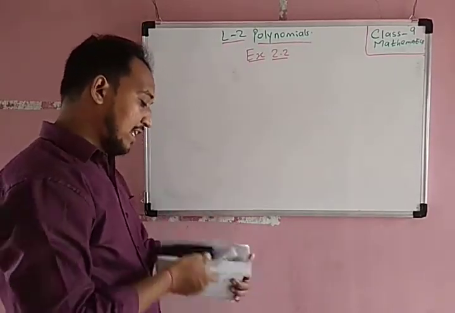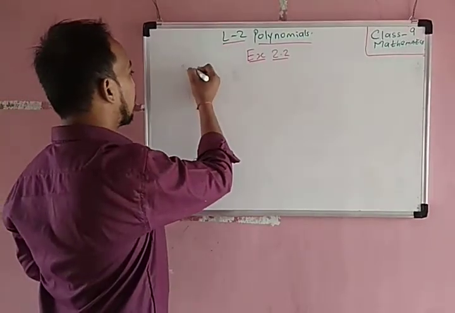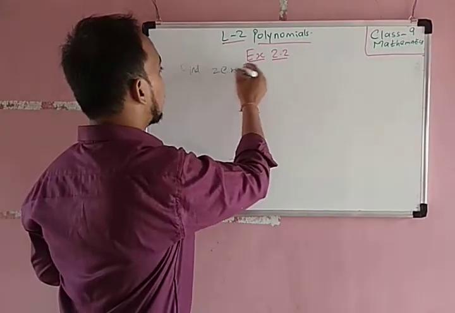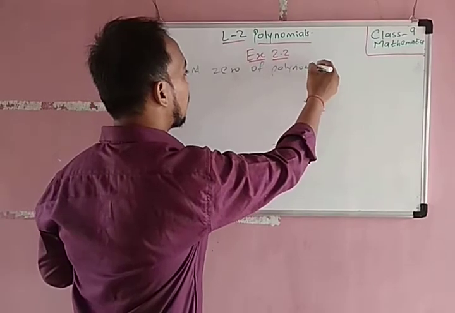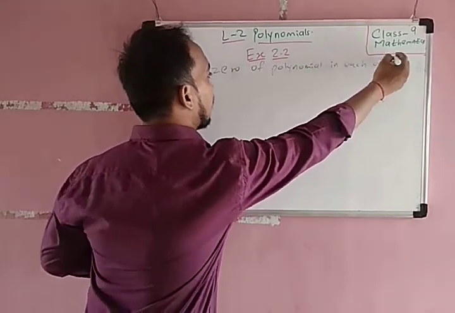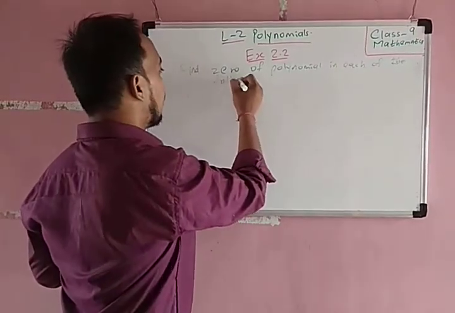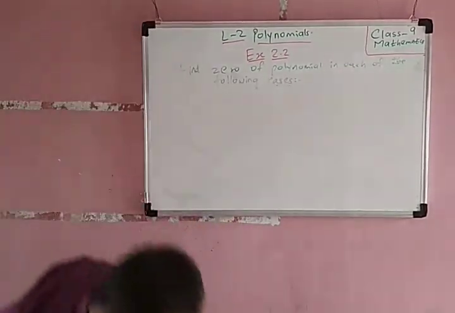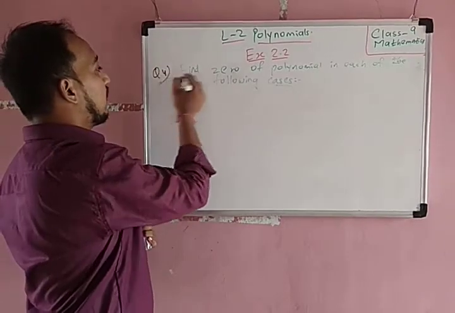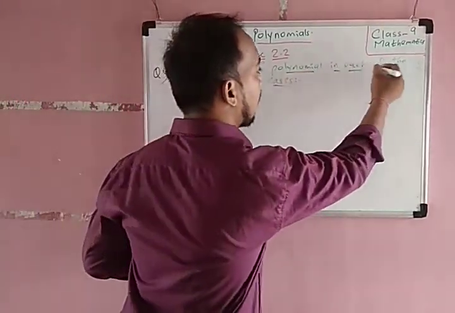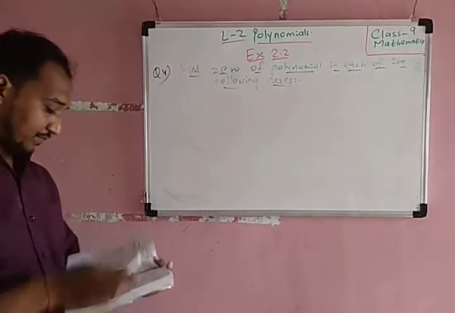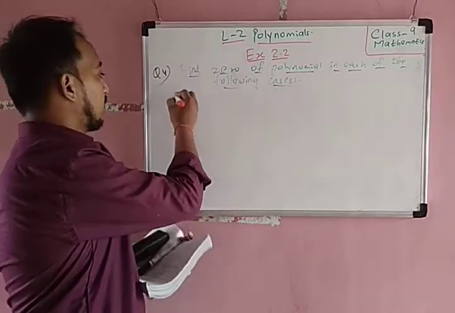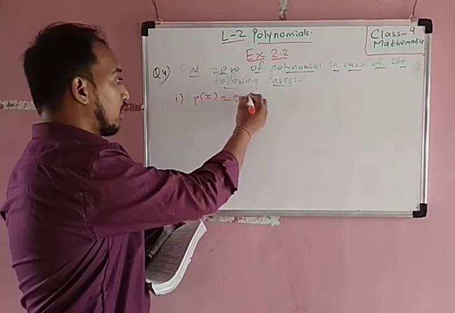Find the zero of the polynomial in each of the following cases. Now what do we have to find? We have to find the zeros of the polynomials given here. So the first polynomial given is p(x) equals x plus 5.